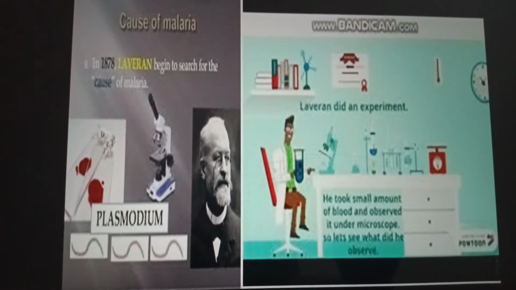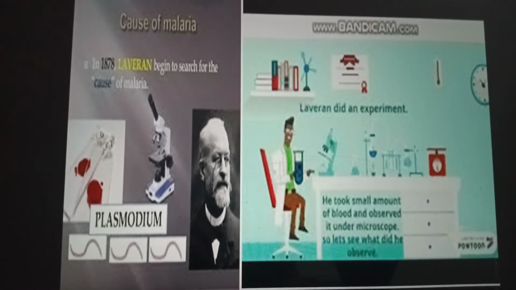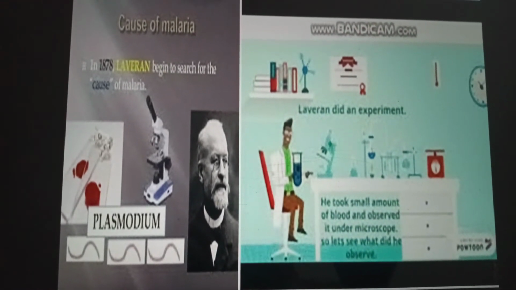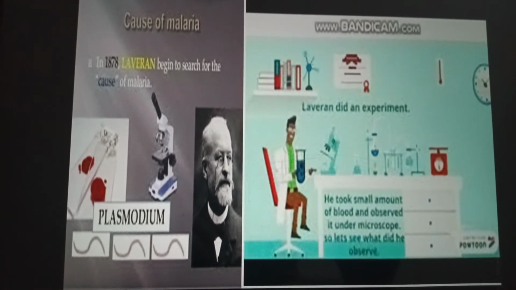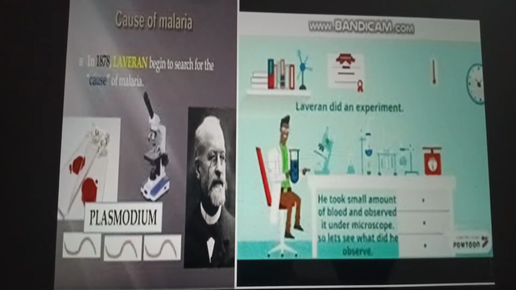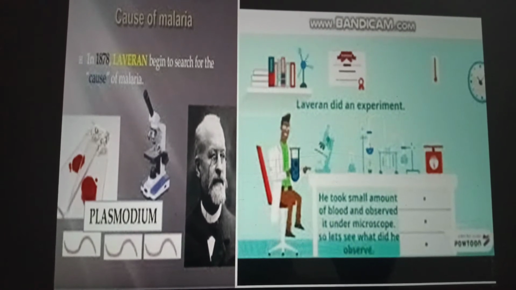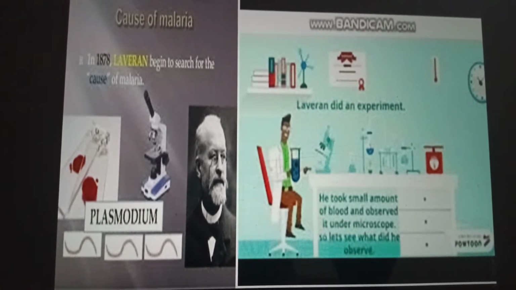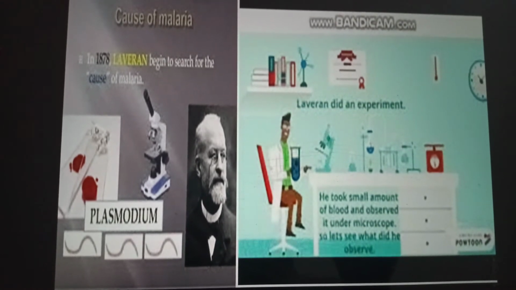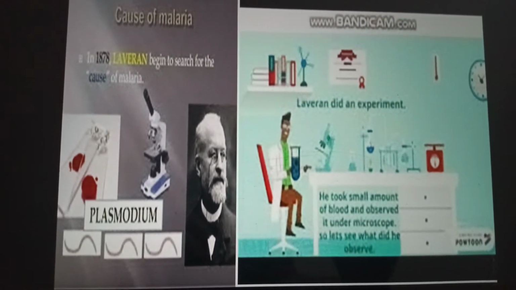In 1878, Laveran began to search for the cause of malaria. He took a small amount of blood from a malarial patient and examined it under a microscope. He noticed some tiny living creatures. His discovery was not believed by other scientists.